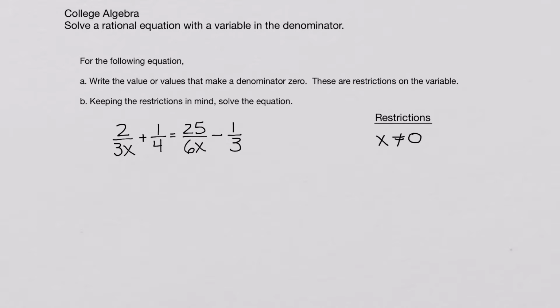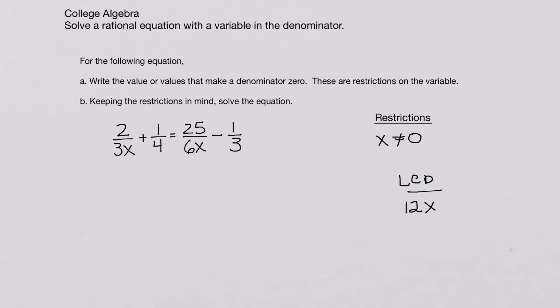So off to the side, I'm going to say my LCD is going to be what? Well, I need a number that is divisible by 3, 4, and 6, so that would be 12. And it also needs to have an x in it, so 12x. So 12x is my least common denominator.